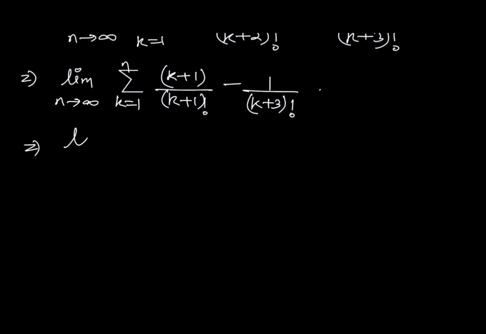Next, limit n tends to infinity, summation of, now this thing will become 1 upon k factorial minus 1 upon (k plus 3) factorial.